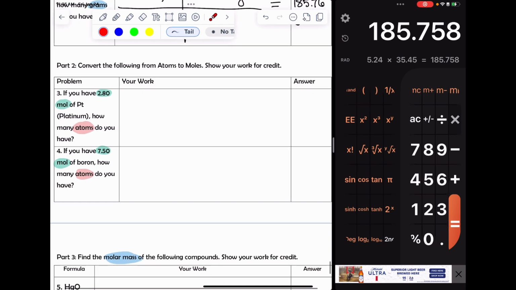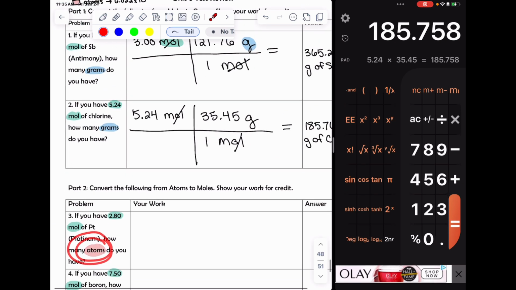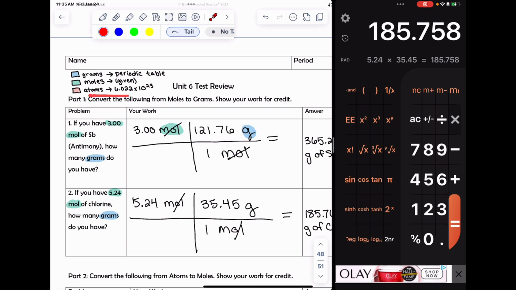Part 2, convert the following from atoms to moles, or moles to atoms. Remember, anytime you see the word atoms, let's look up at our key. Atoms, you use Avogadro's number, okay?